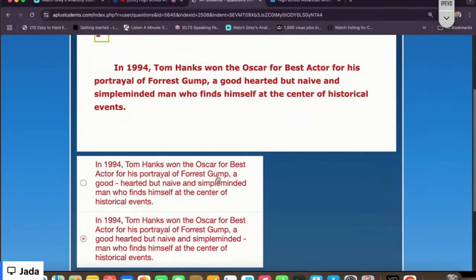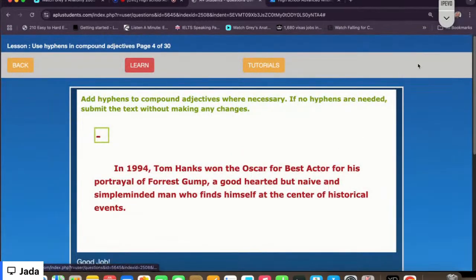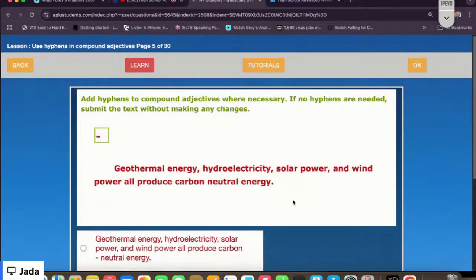Okay, so what do we have? So the hyphen should be in between good hearted, okay?